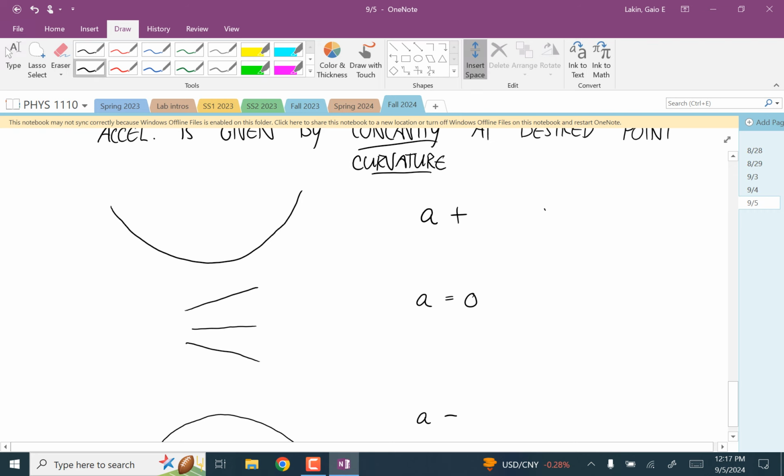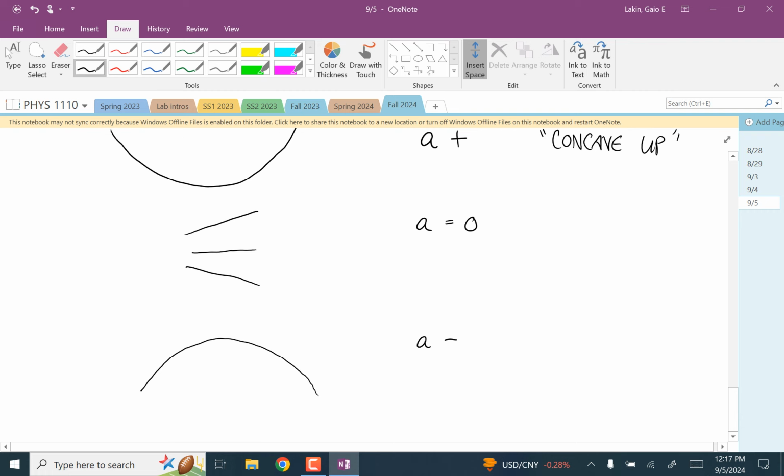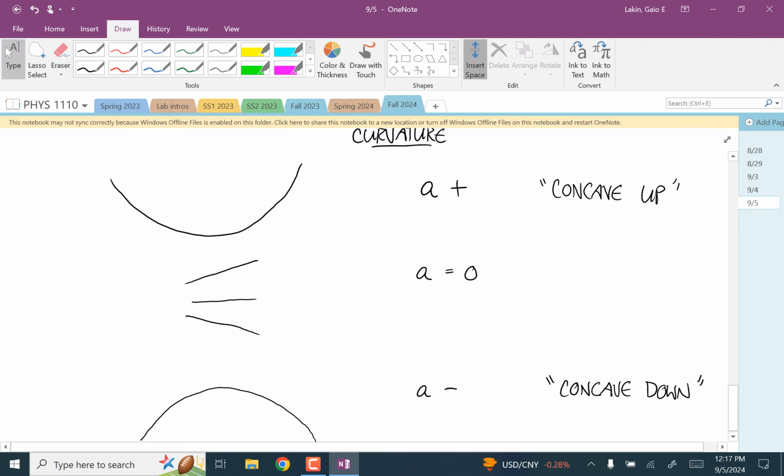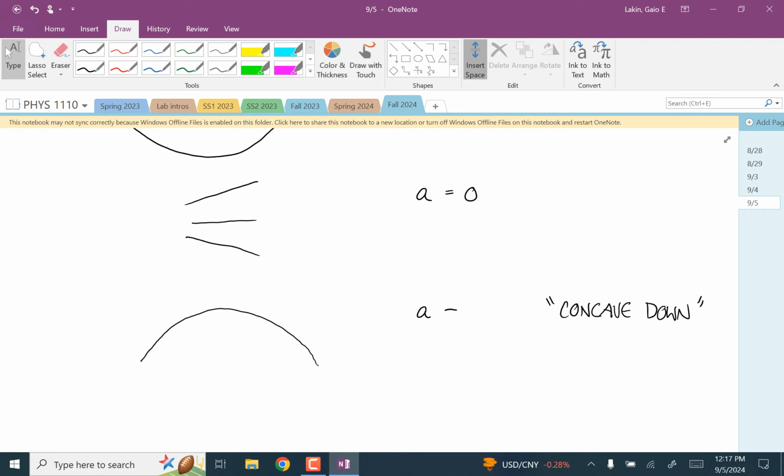This is called concave up, and the negative one is called concave down. I don't know what grade I was in, but I remember some math teacher told me concave up is like a cup, concave down is like a frown.